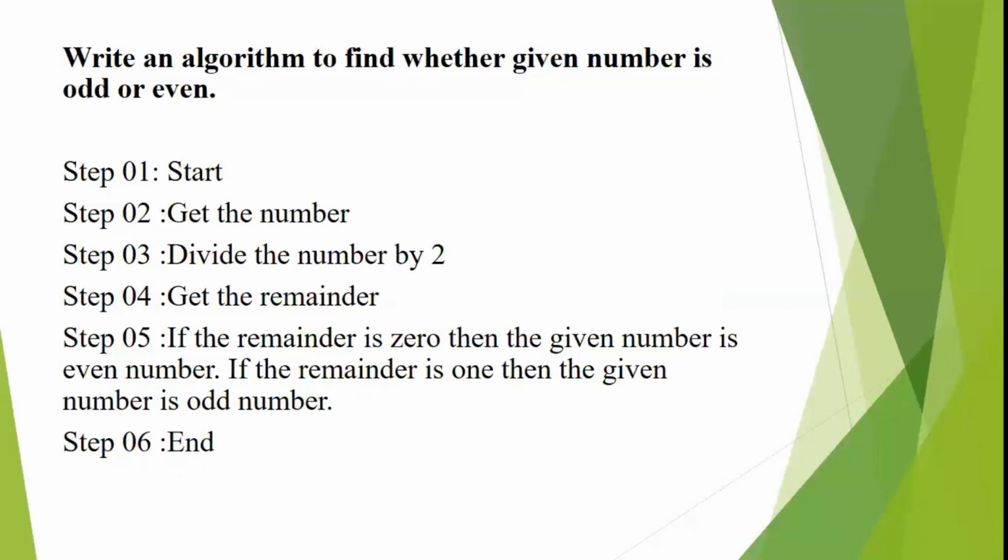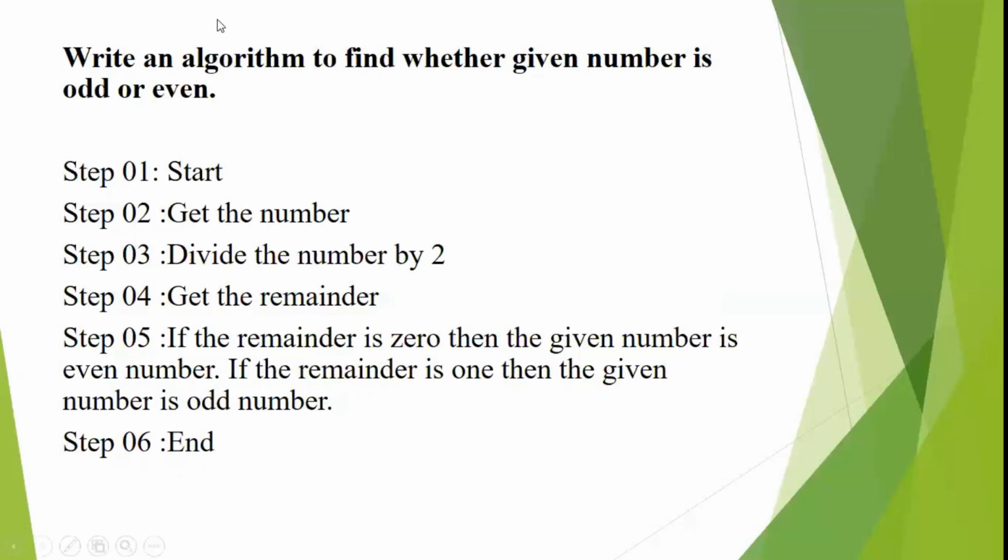So remainder is 1. Right. Step 5, if the remainder is 0, then it's a multiple of 5. Otherwise, it's not. So we got the remainder as 1. So 16 is not a multiple of 5. Okay. Then step 6 is the end.